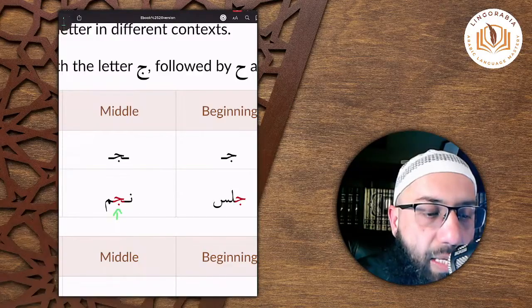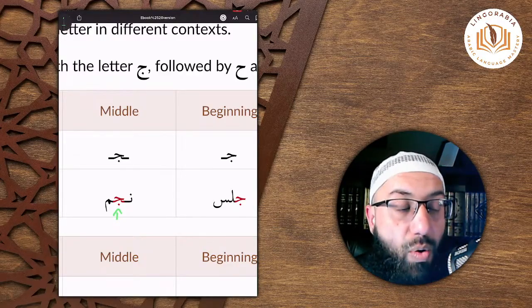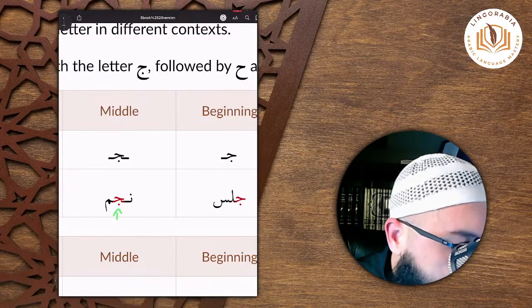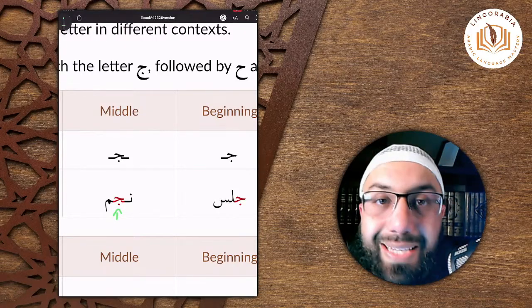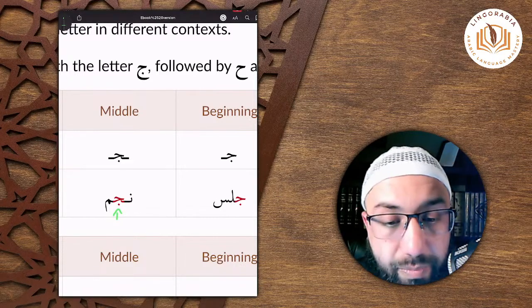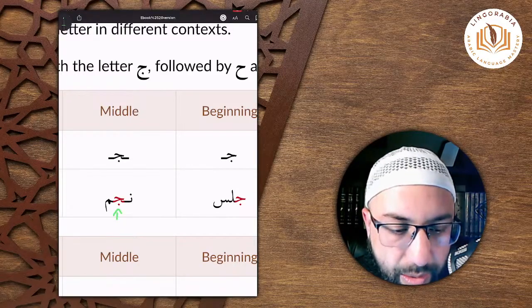That's only the alif. Other than that, the ba, the ta, the tha, and now also the jim can connect on both sides. You see, the jim is connected to this letter and this letter. So you have to take this also in consideration.